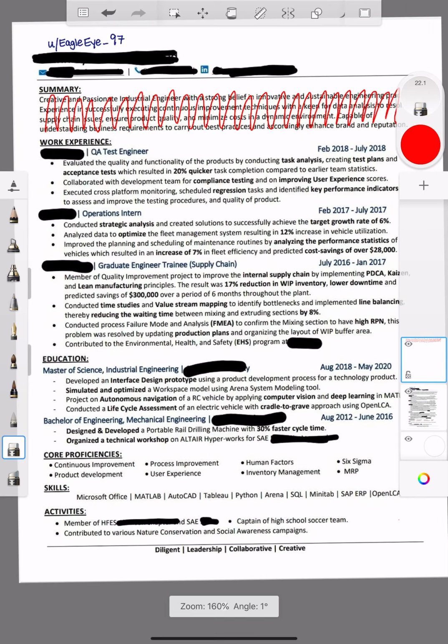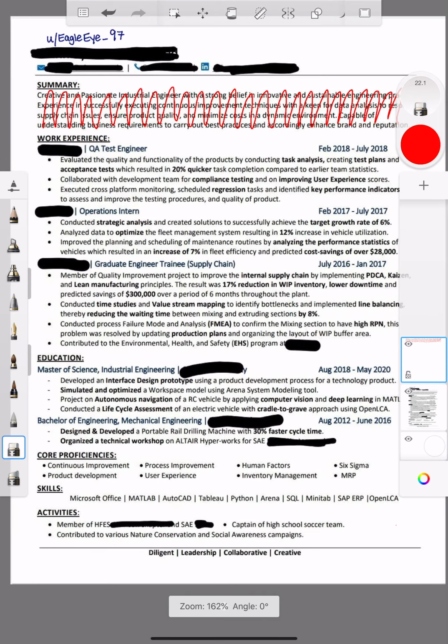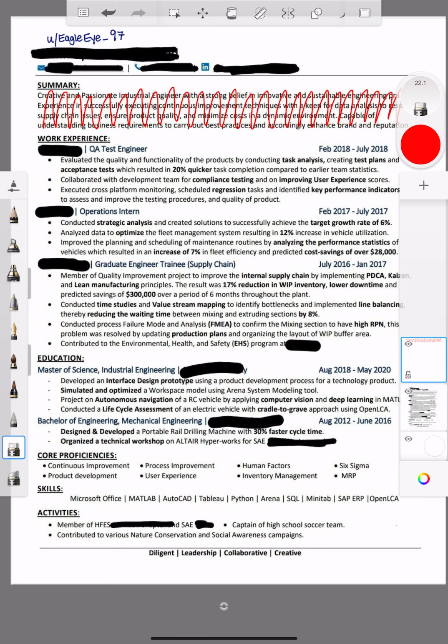Starting at work experience here. Okay, so QA test engineer. QA, I'm guessing, is quality assurance, which is okay because that's pretty industry standard.